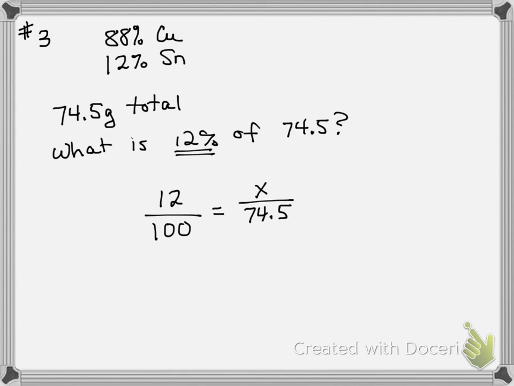So now I'm going to cross multiply and divide. And so I get 894 equals 100x. I'm going to divide both sides by 100, and I'm going to get 8.94 is equal to x.